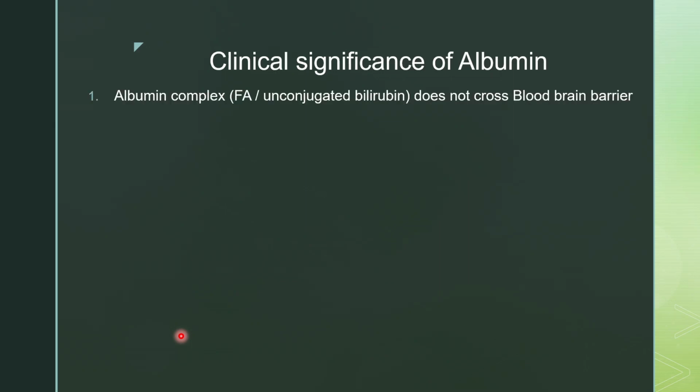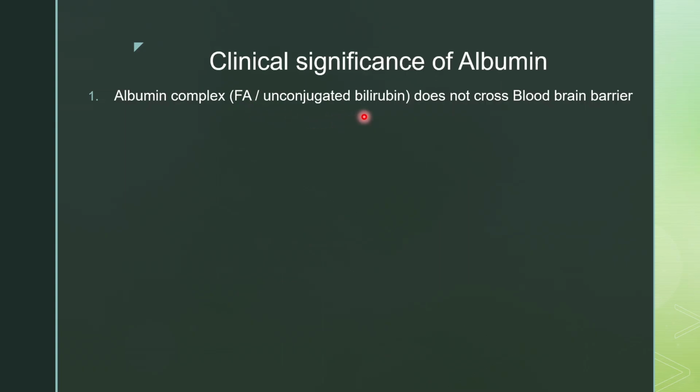The first one is that albumin, when complexed with free fatty acids or unconjugated bilirubin, does not cross the blood-brain barrier. So free fatty acids are not available to the brain for utilization.